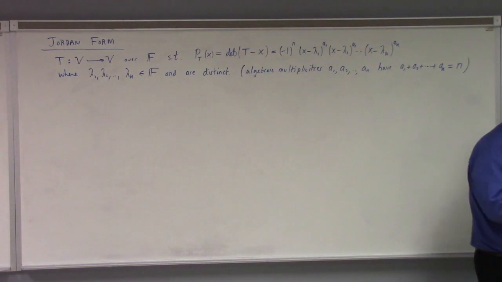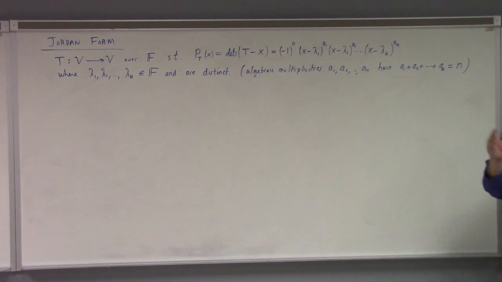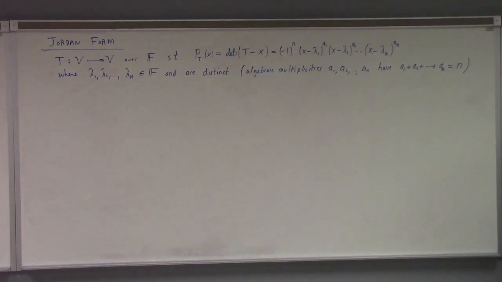This is the fundamental theorem of algebra. But if we're working over the real field, it's not generally possible to factor the polynomial, and so we need some kind of special song and dance in that case. That's where my complexification construction comes into play, but we'll do that another day. So this is somewhat limited. It doesn't hold for all possible linear transformations, only for those for which the characteristic polynomial splits.